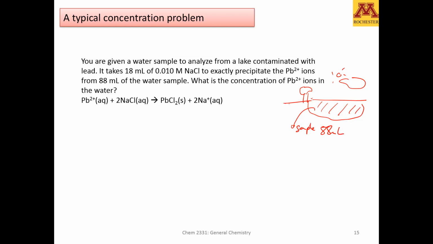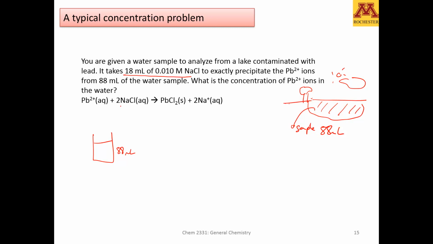We have taken 88 milliliters of the lake sample, and it says that it takes 18 milliliters of 0.01 molar sodium chloride to precipitate the lead. What does that mean?